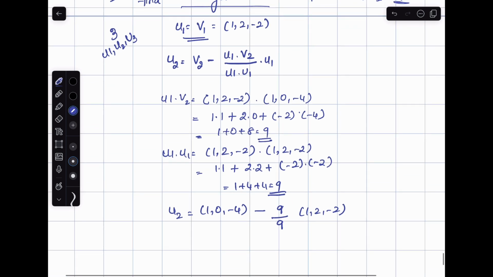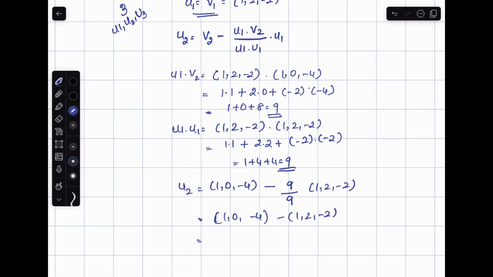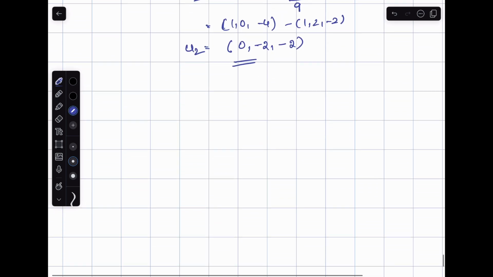Anyways, 9 by 9 is 1. So (1, 0, minus 4) minus (1, 2, minus 2). Now let us subtract. 1 minus 1 is 0, 0 minus 2 is minus 2, and minus 4 minus of minus 2 is minus 2. So u2 is (0, minus 2, minus 2). Now we have successfully found u2.